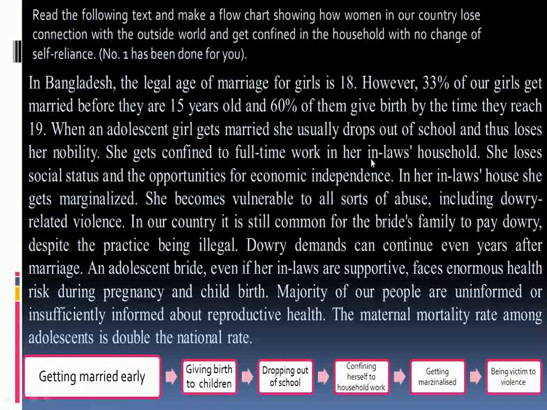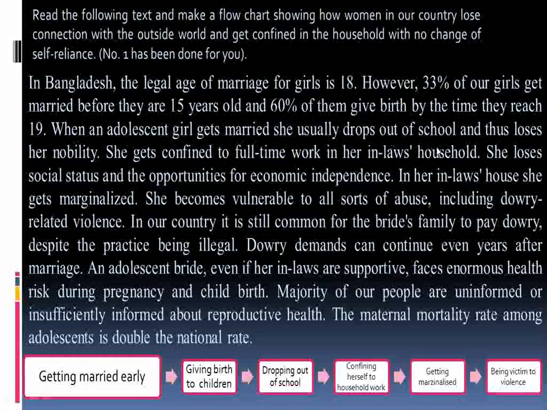In Bangladesh, the legal age of marriage for girls is 18. However, 33% of our girls get married before they are 15 years old, and 60% of them give birth by the time they reach 19. When an adolescent girl gets married, she usually drops out of school and thus loses her mobility.